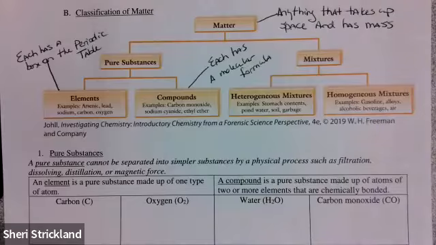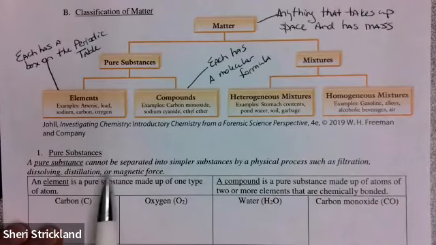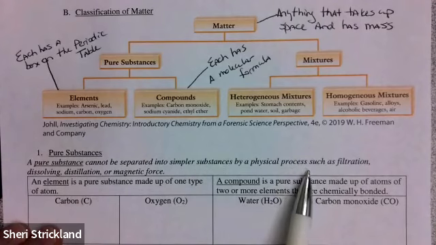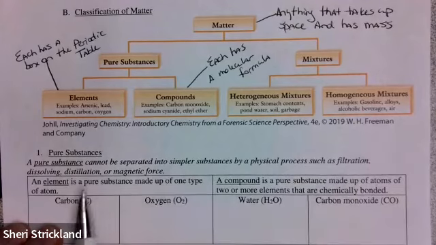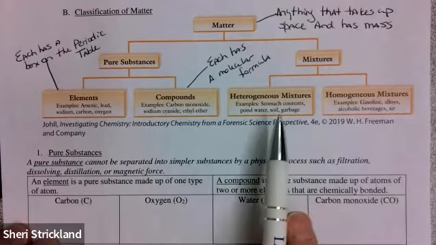But the thing about all pure substances is that they can't be separated into simpler substances by physical processes. Things like filtration or dissolving or distillation or magnetic force. The kind of processes that you would use to separate, say, the components of a mixture.